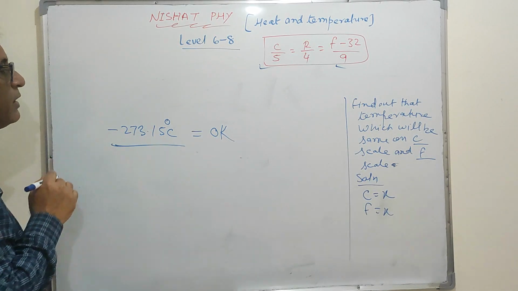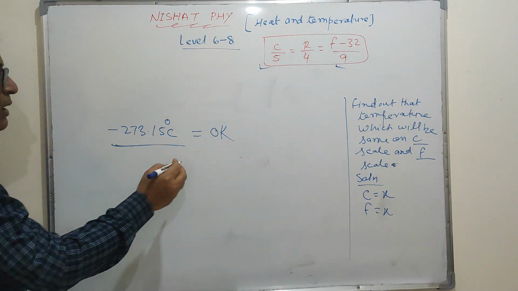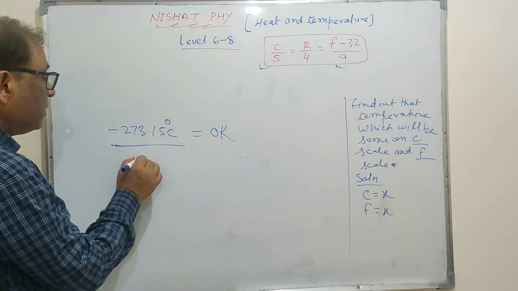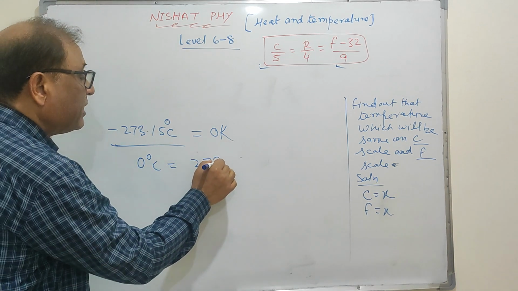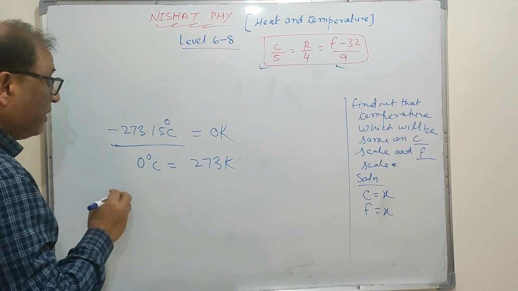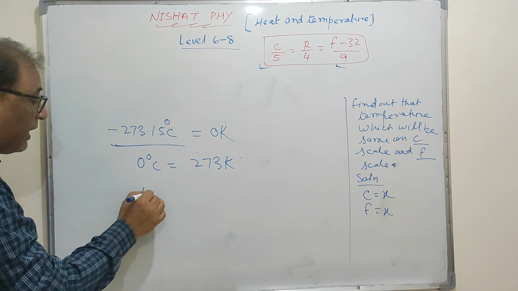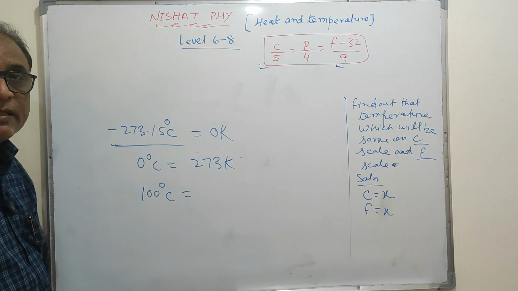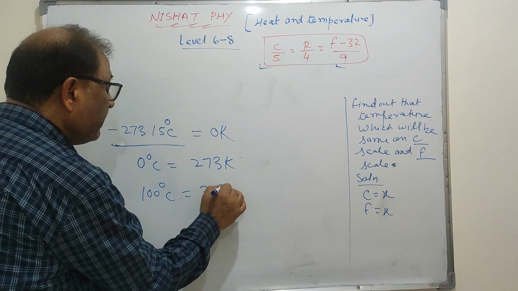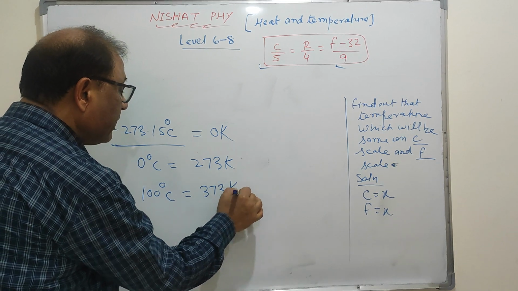Suppose that 0 Kelvin, then what will be here? 0 degree C is 273 Kelvin. What is here? 100 degree C equals what? This will be 373 Kelvin.